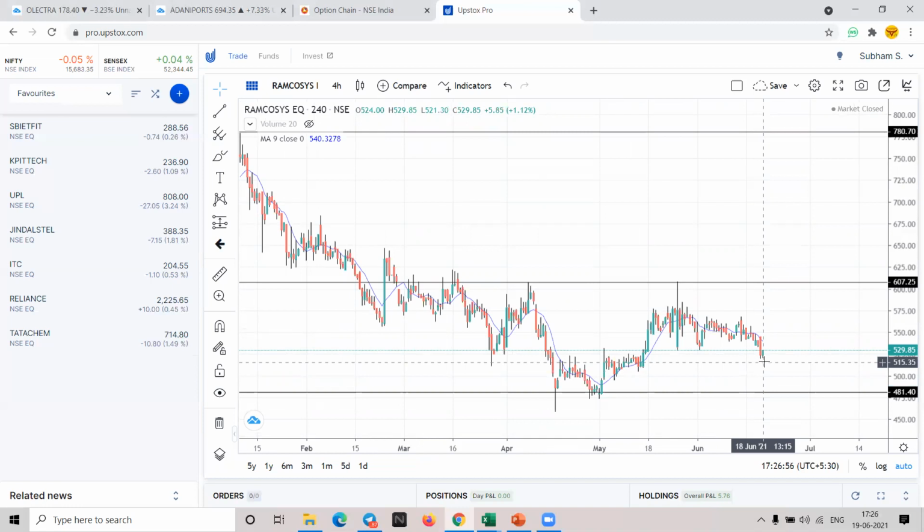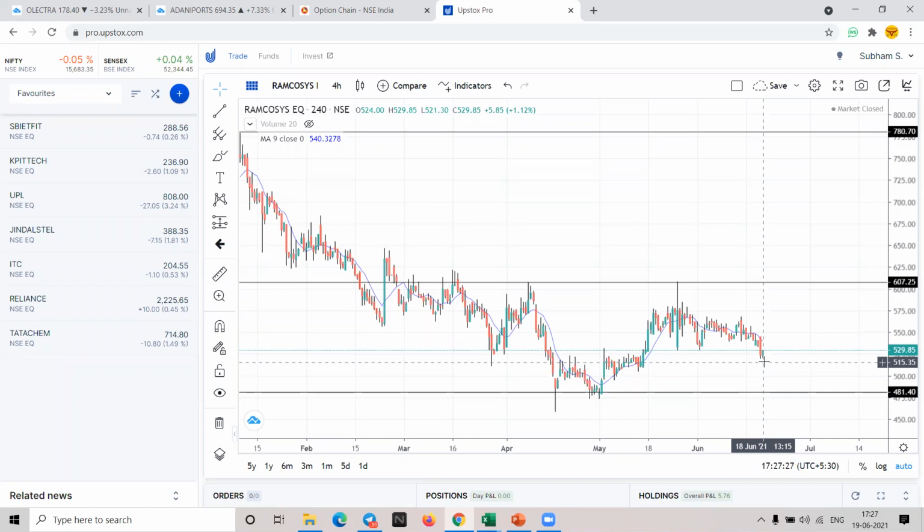Can you guys see? So this is the moving average value. How is this calculated? They take the close of the last 9 candles, add them, and divide by 9 to get an average. To calculate this 540.3278, the last 9 candles' close values have been added and divided by 9.